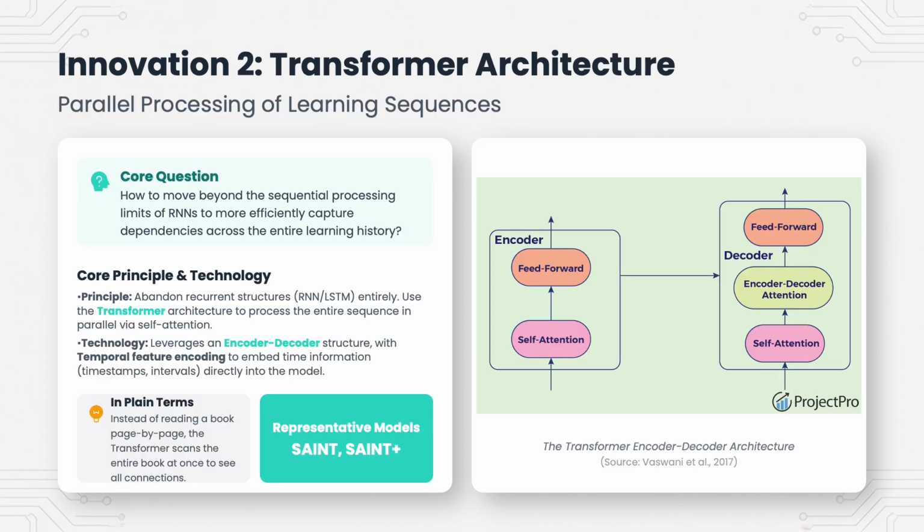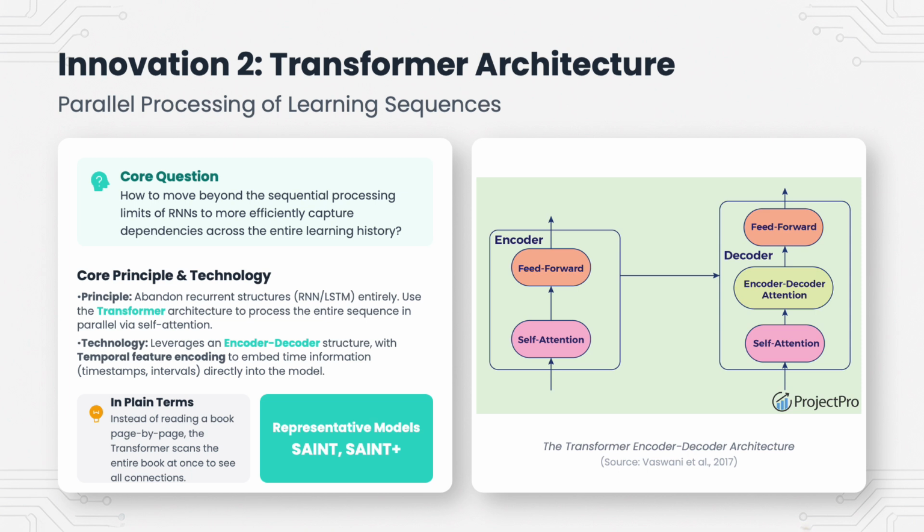Next up, the transformer architecture. Traditional models like RNNs process data step by step, which can limit their ability to grasp long-range dependencies. The transformer, made famous by models like BERT, changes the game. It abandons the sequential loop entirely and uses self-attention to process the entire sequence in parallel.